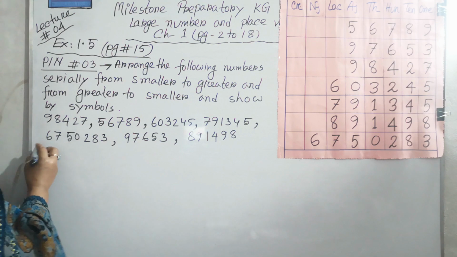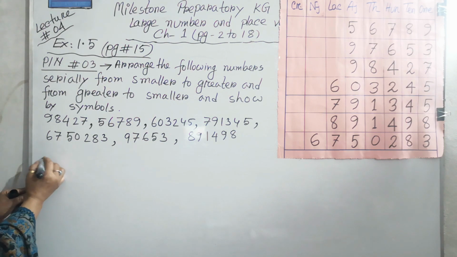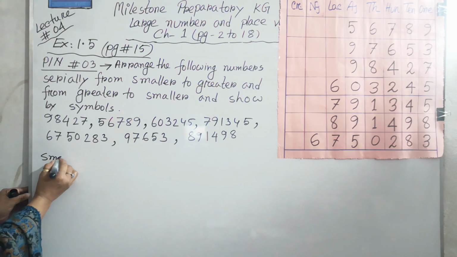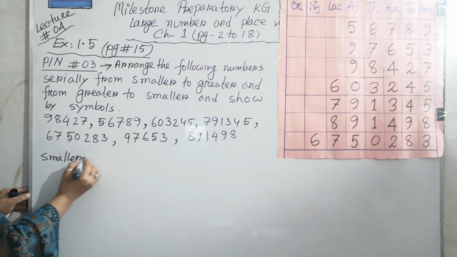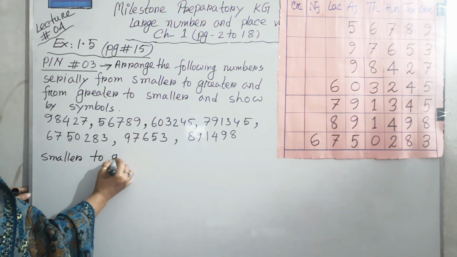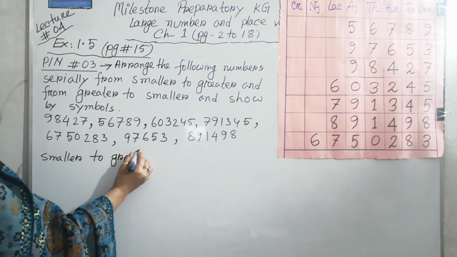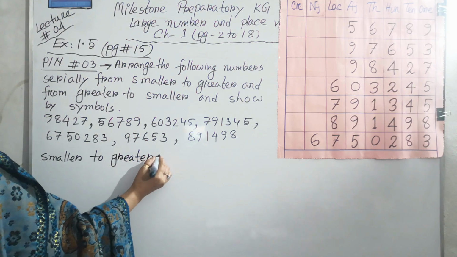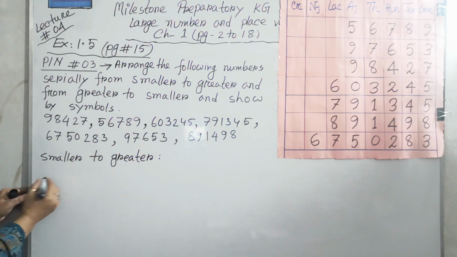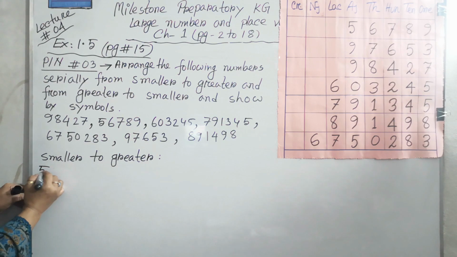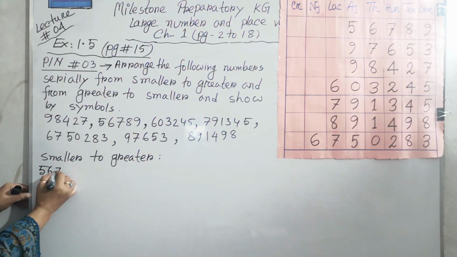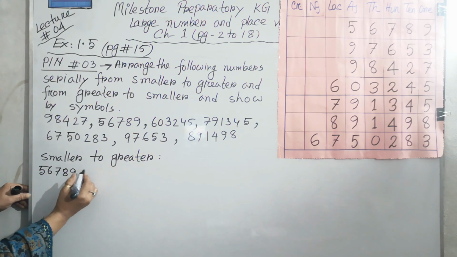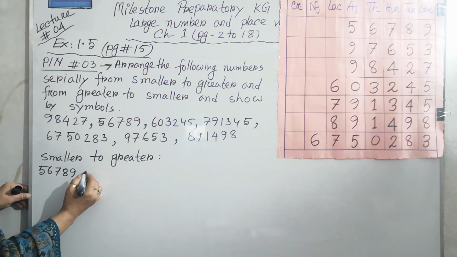So at first, smaller to greater. By following the chart, I can easily write the digits here.